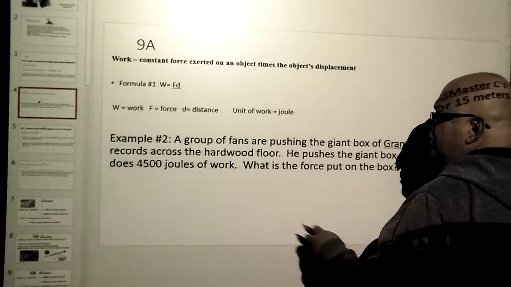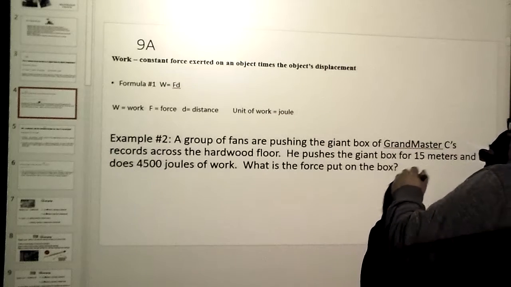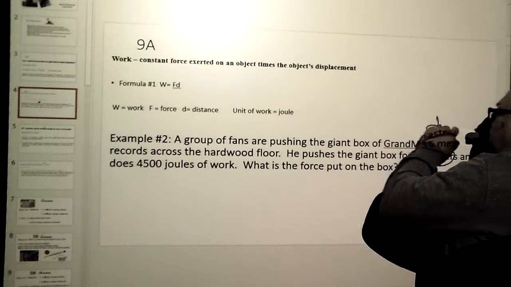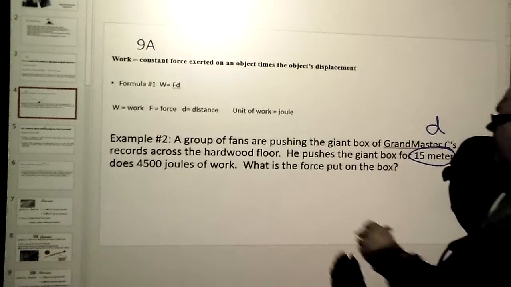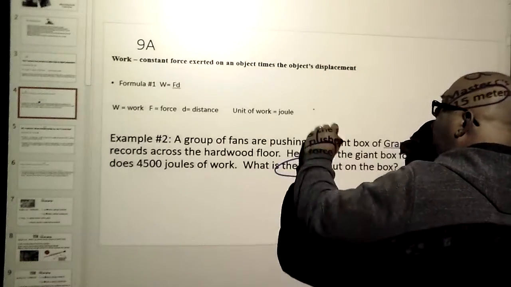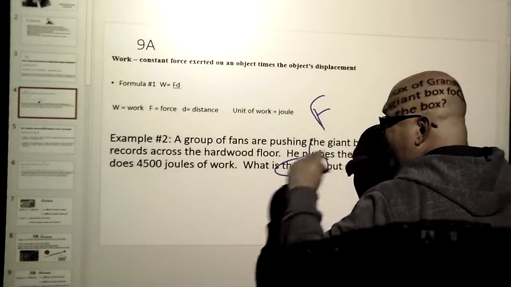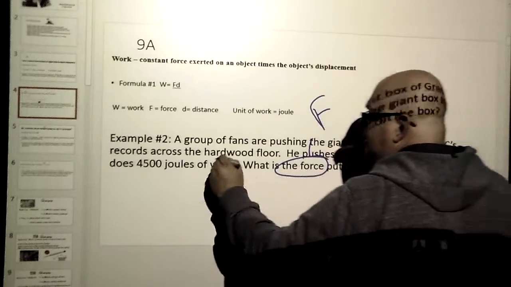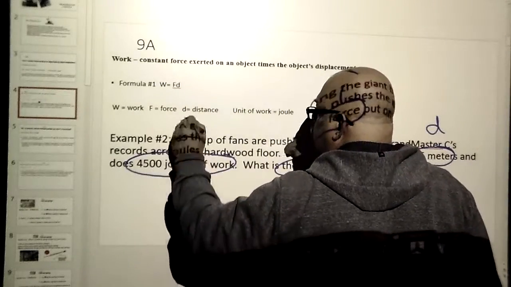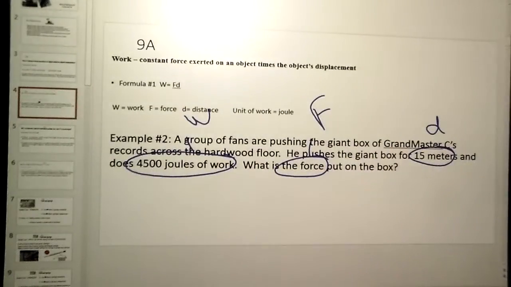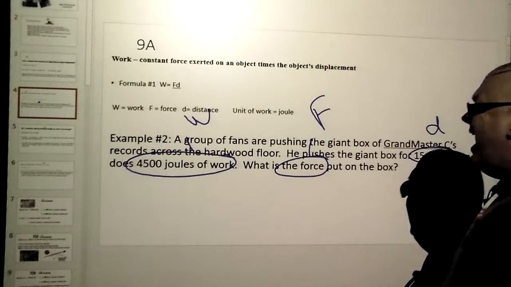Again, what's the important information that we have here? We got 15 meters, so we know that's a distance. They're asking us, what is the force? And 4,500 joules of work. Okay? So those are the pieces of information that I have.